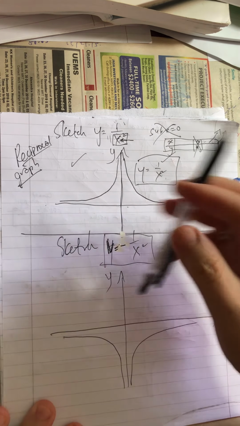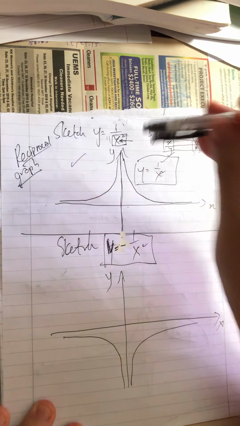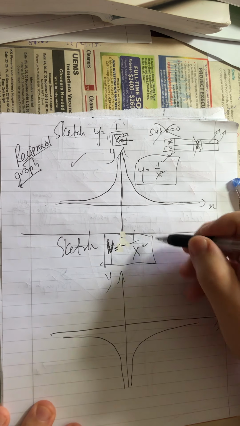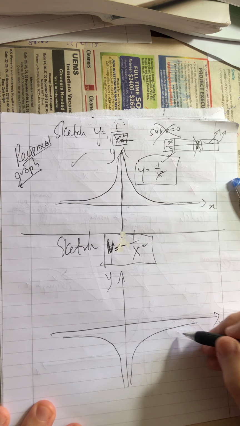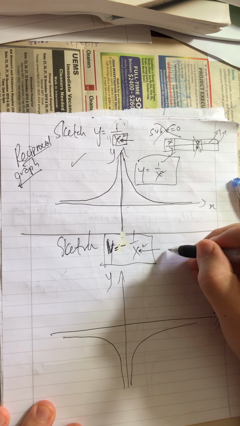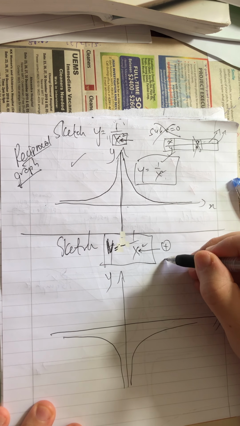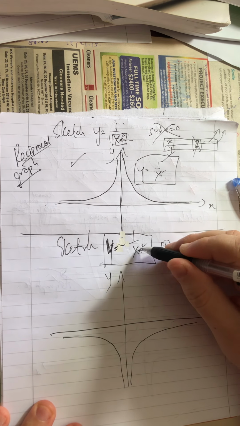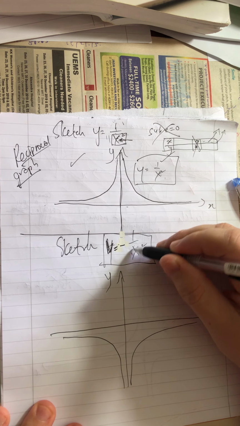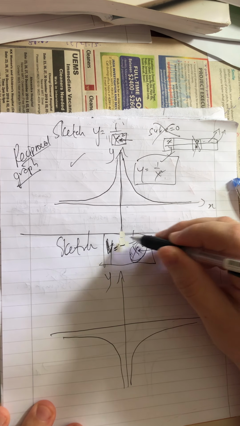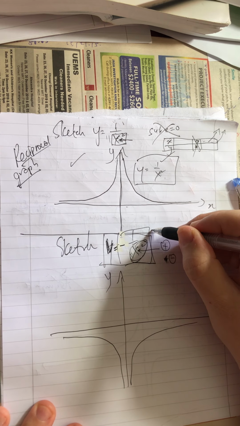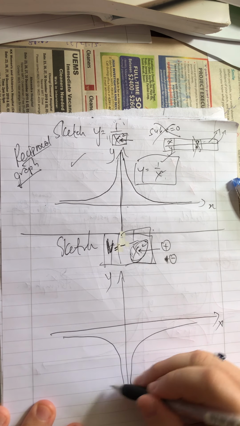Okay, there's a negative here. This is positive 1 over x squared, this is negative. Okay, why is it this shape? Because whatever x value I put in, whether plus or minus, overall this will be positive, but overall this will be negative. So it will always be in the negative region.